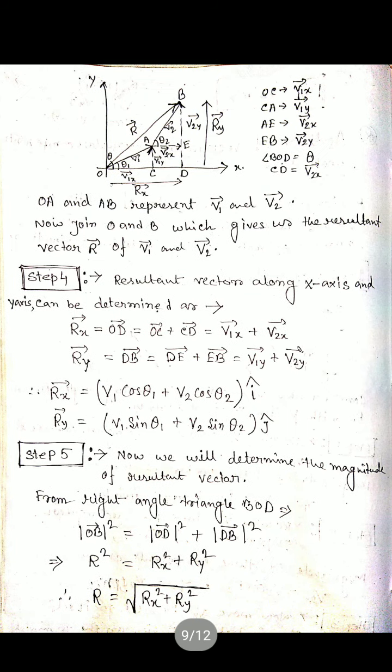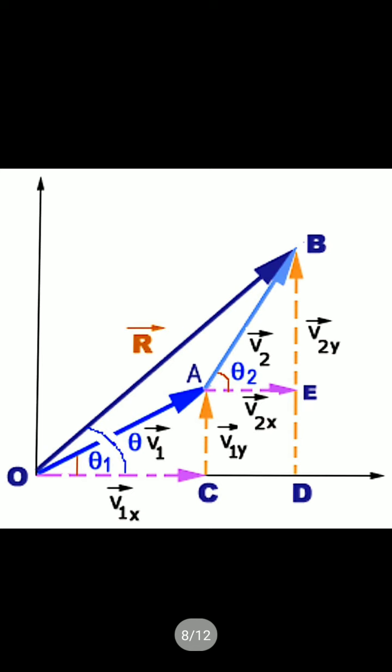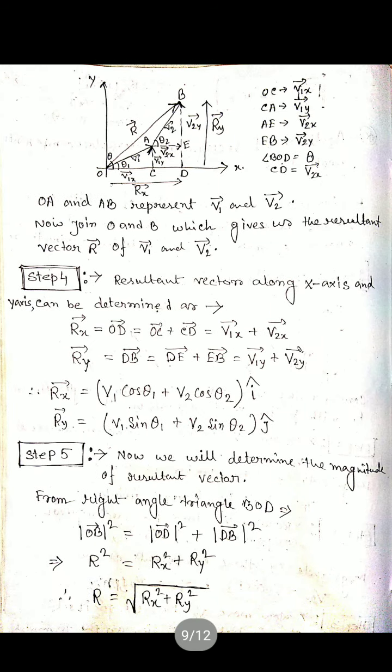Okay. So what is the Rx vector, the horizontal component? We can write Rx equals V1x plus V2x. See, OD we can write as OC plus CD. OC means V1x, and CD means V2x, since it is parallel to AE. AE is V2x, so CD is also V2x. So Rx equals V1x plus V2x.